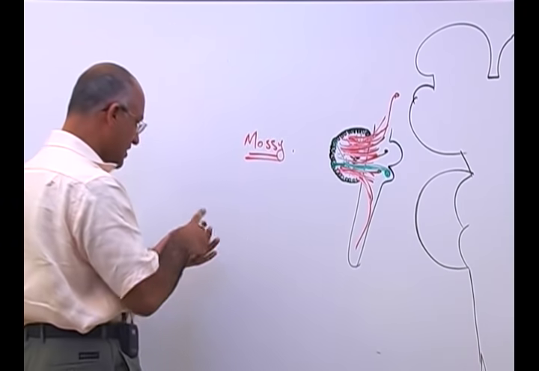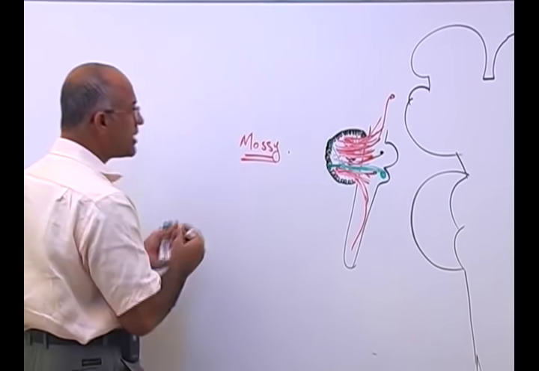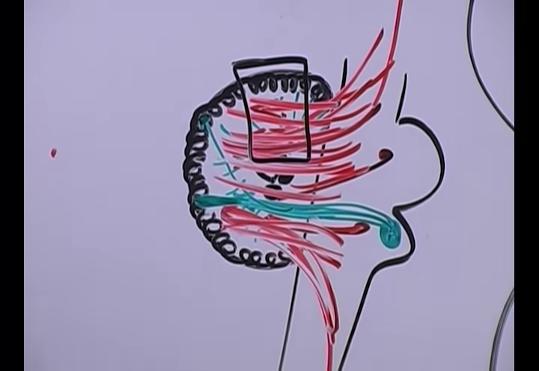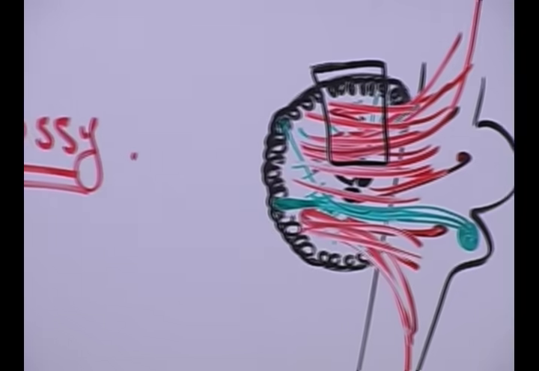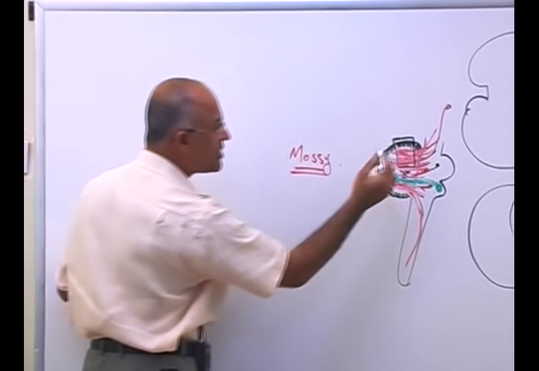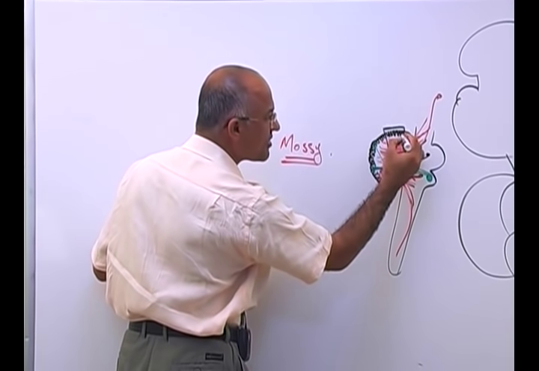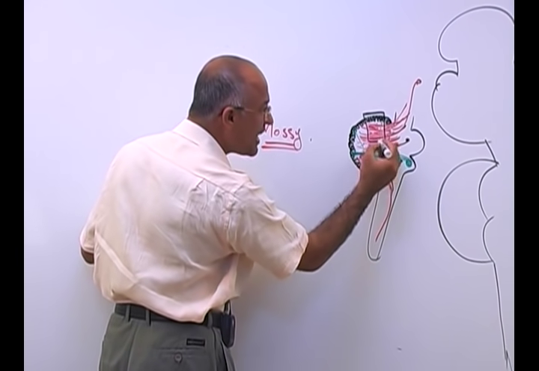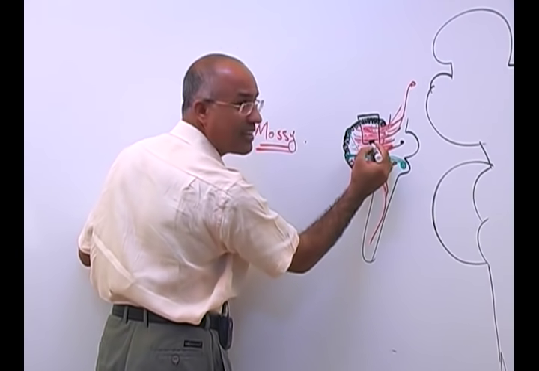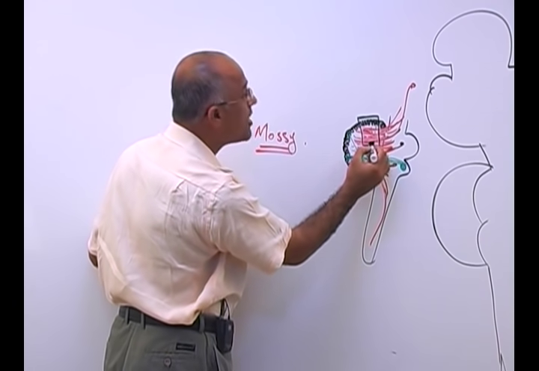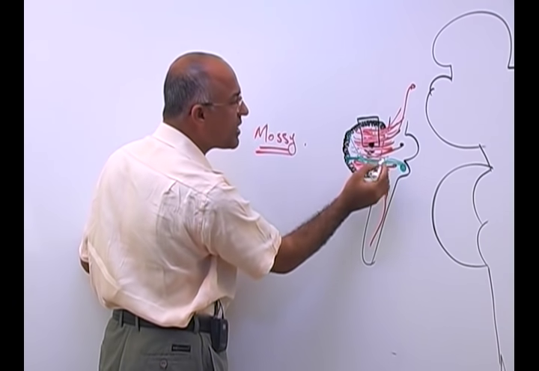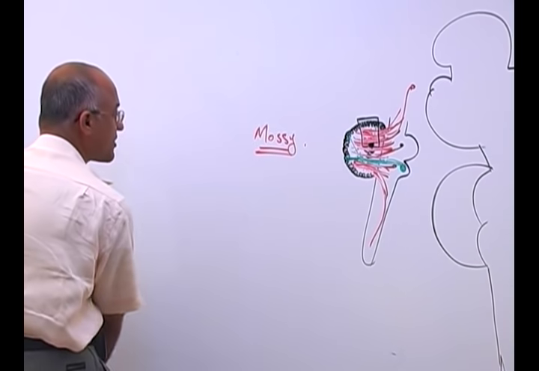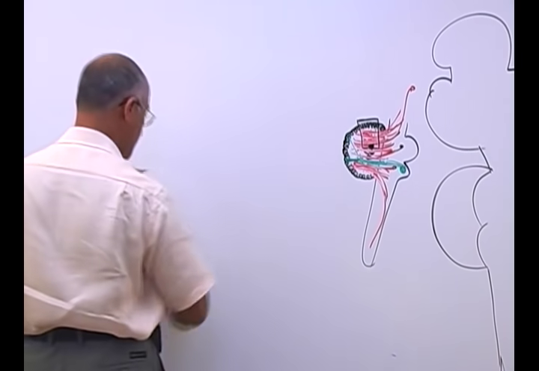So let's see it. Let us suppose I remove this piece of cerebellum and draw the internal structure here. Here I will draw the cerebellar cortex, then a part of the deep nucleus, plus the mossy fiber coming and the climbing fiber coming. So let's draw it and see what really happens here.